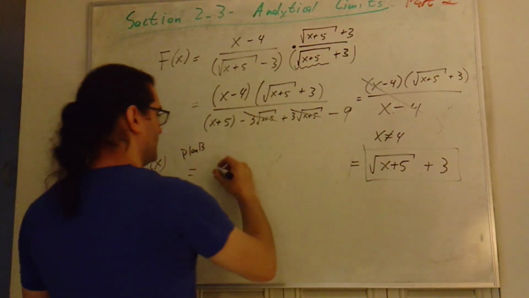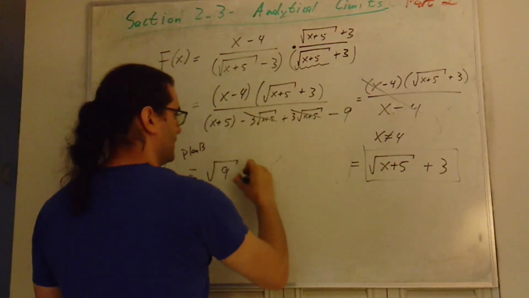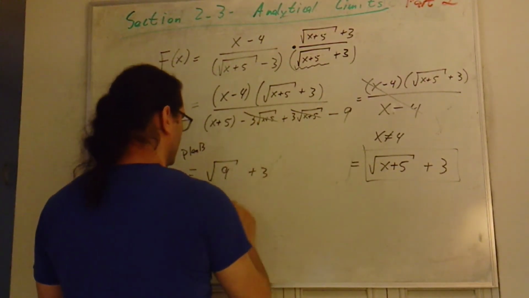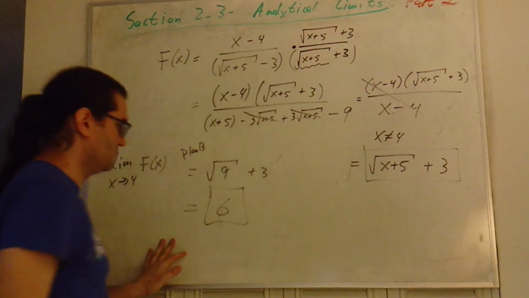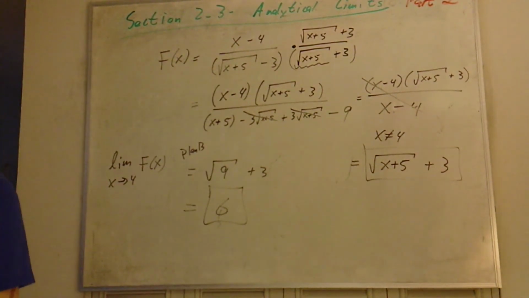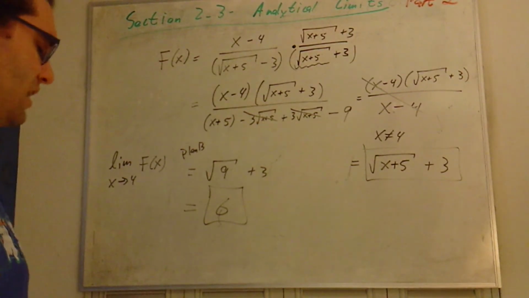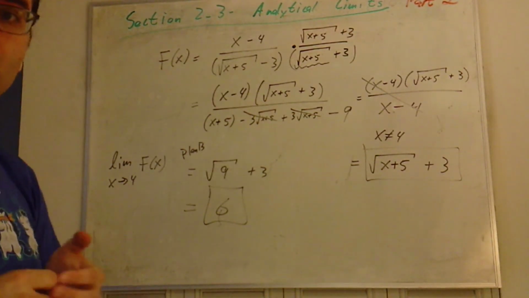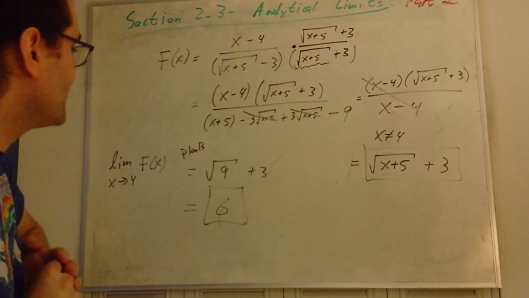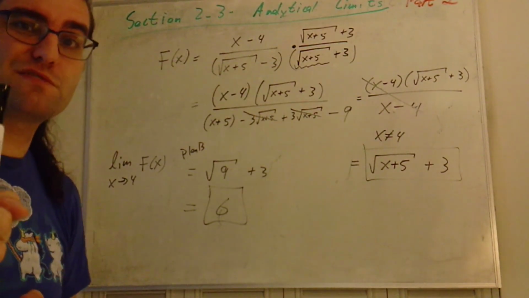So I'll get the square root of 9 plus 3. The limit is 6. So that's weird and nonsensical, but it works. And that's what's important.